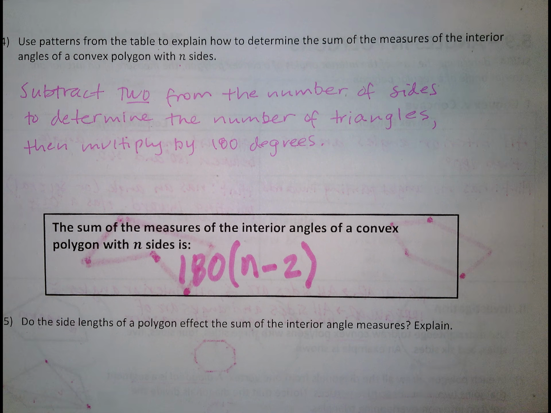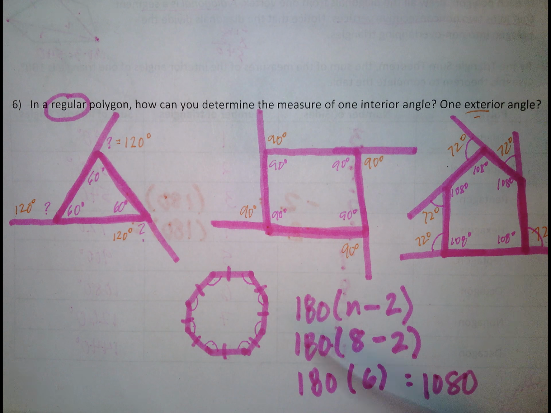That means that 8 minus 2 is 6. Then I'm taking 180 and multiplying it by 6. Or I could have just looked at the chart on the previous page, and I get 1,080. That means the sum of the interior angles, if I add up all of these, is 1,080. Excuse me, not 180, 1,080.